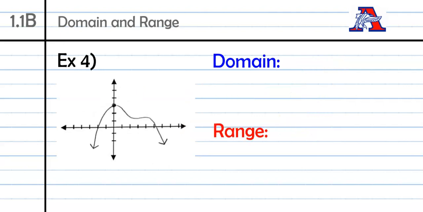All right, and then last one is our one with some arrows here. So this is where it gets a little bit more complicated, maybe. For domain, we have these arrows. Now, we don't really know what's happening with this function, but since the arrow is pointing ever so slightly to the left, we're going to assume that this graph never stops going to the left.